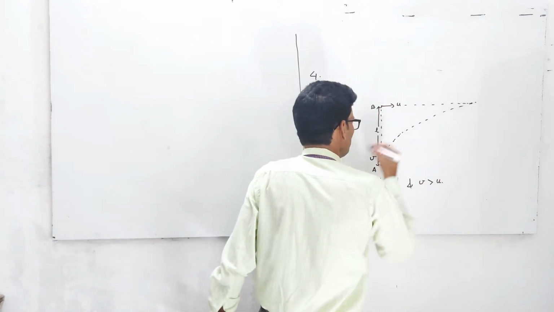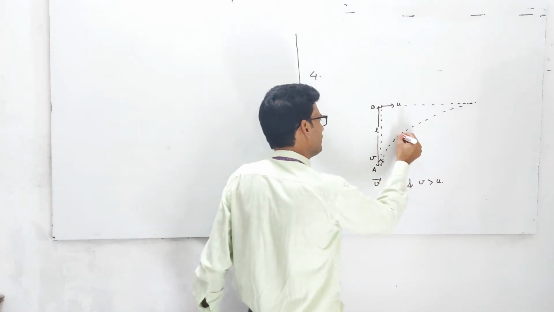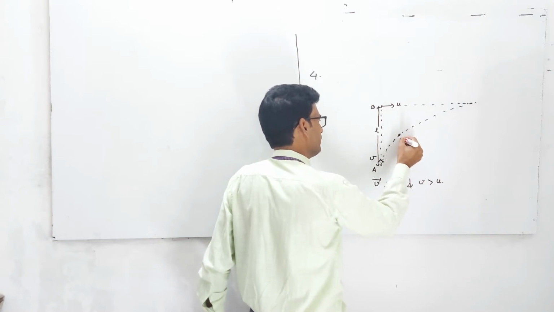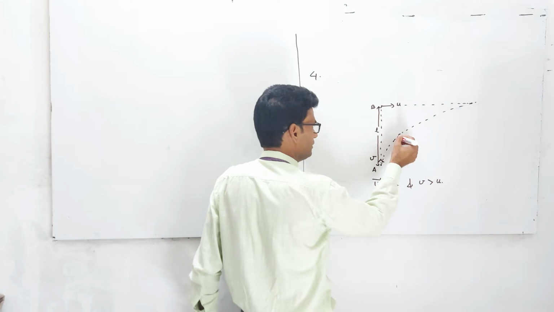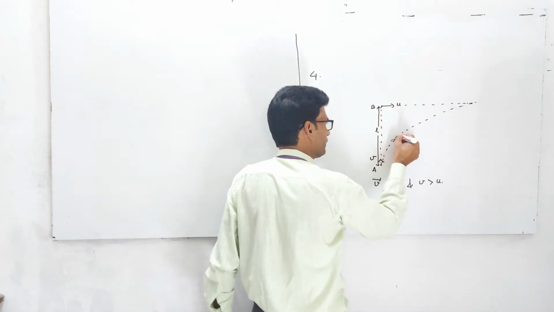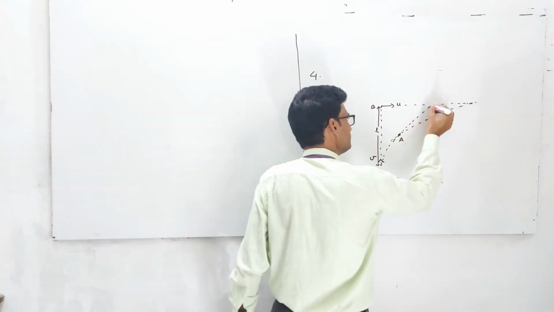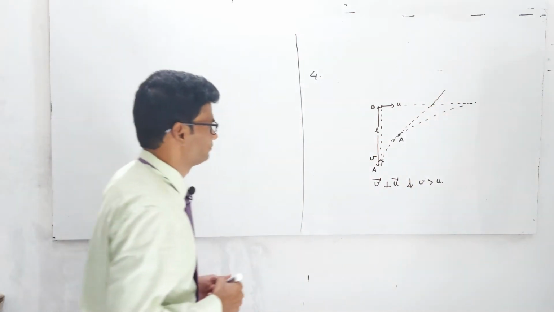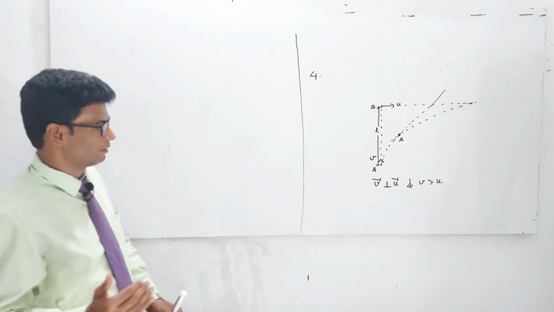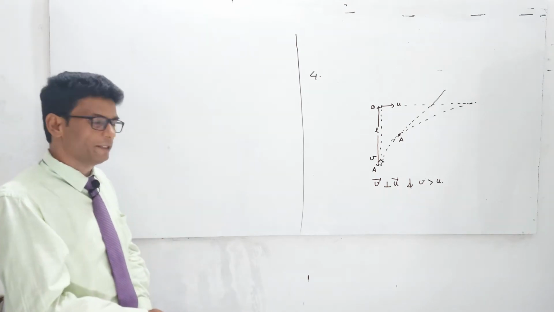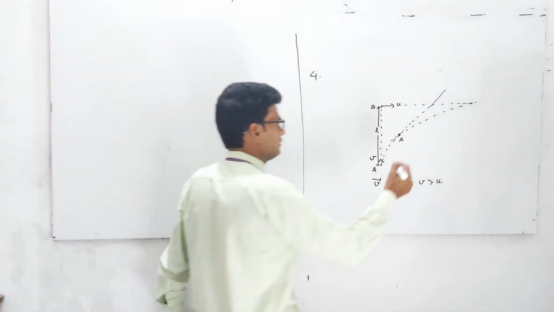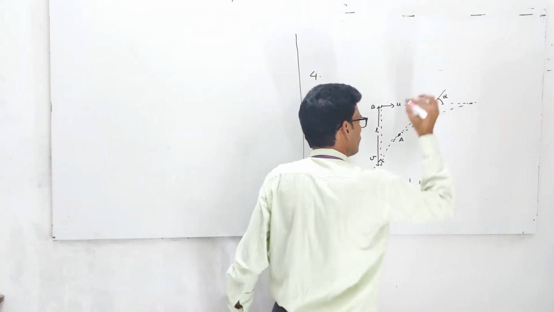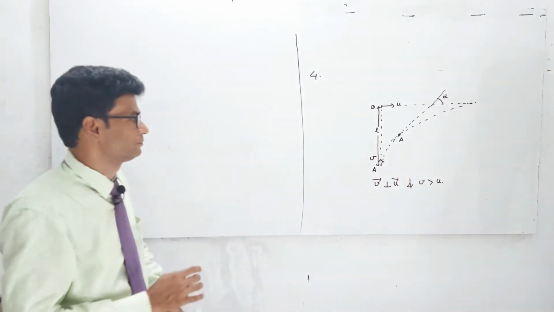So, during the motion, say at time t before the converging time, arrived here, then its line of motion, look at here, the line of motion of particle A, say, makes an angle of alpha from the horizontal.